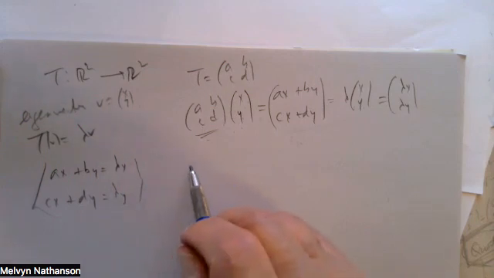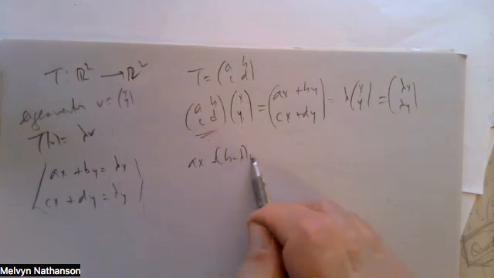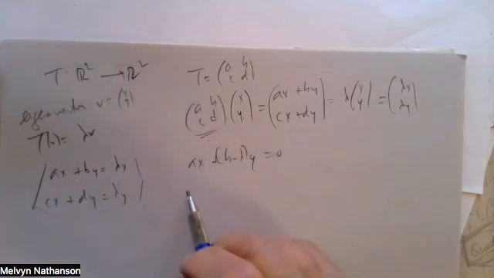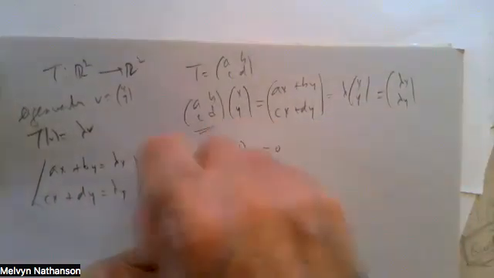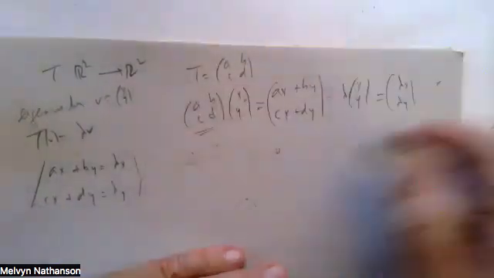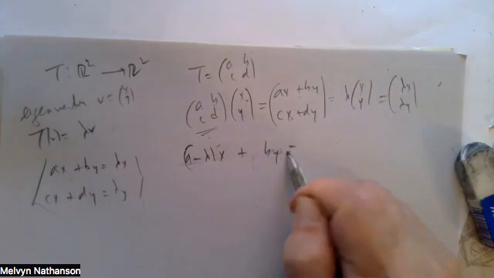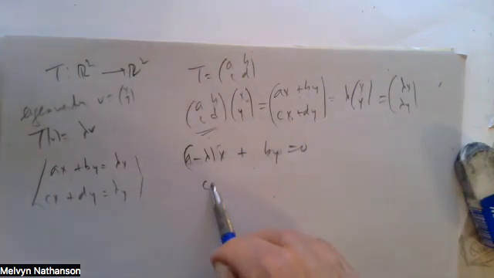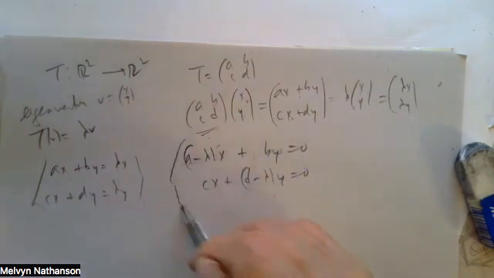Or if I put it in the standard form, sorry, that's not right. Always good to do it right. If I bring lambda X from the right side to the left side, that's A minus lambda X plus BY equals 0, and CX plus D minus lambda Y equals 0.